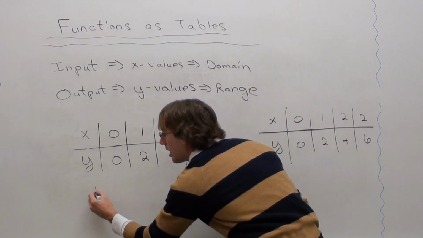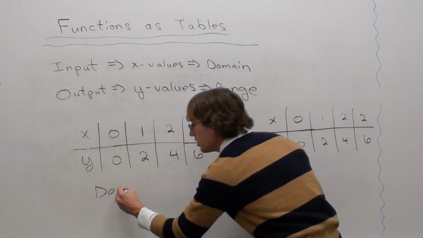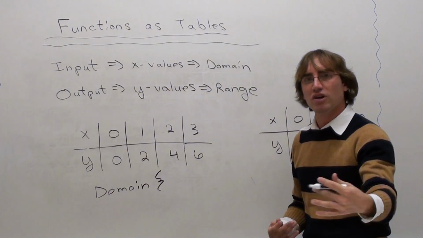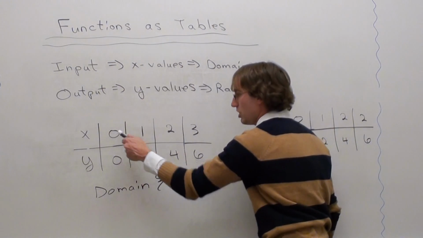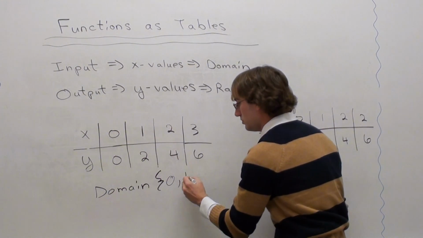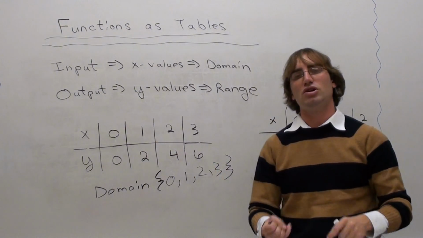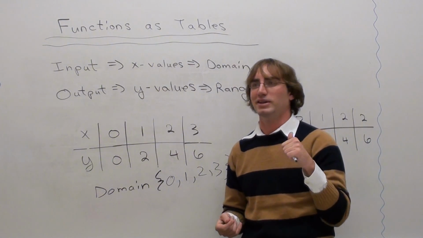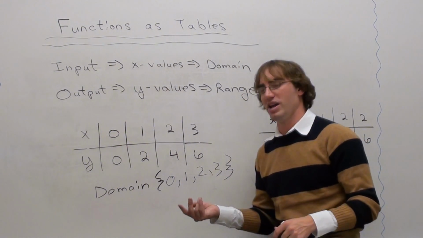Now, I'm going to go a step further and tell you how to figure out domain and range. So I look at my domain, and I want to figure out what my domain is. Well, my domain is my x values. List down your x values: 0, 1, 2, 3. When we start graphing linear, parabolic, exponential, logarithmic, square root type functions, it's a little bit more difficult to ascertain domain and range.